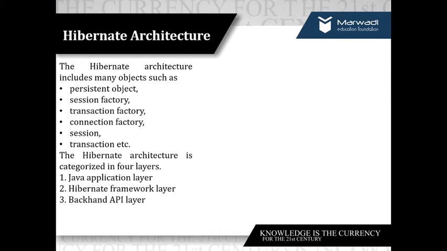Backend API layer is supporting layer, which provides you the layer like database connectivity of vendor specific database. Then there are different APIs used like JTA, JNDI, obviously JDBC. All these come into this backend API layer.